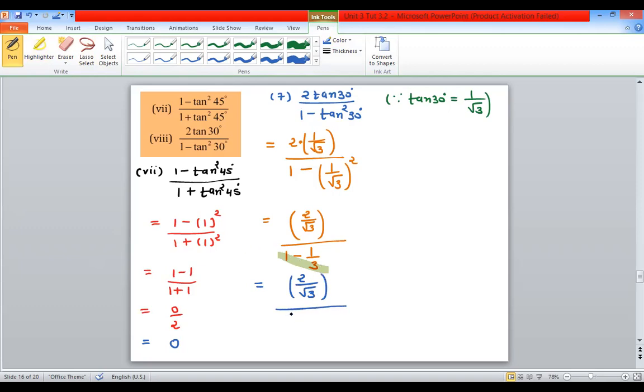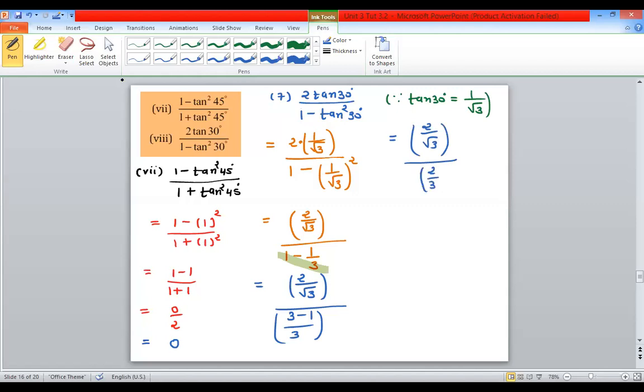After getting the LCM, this is 3 minus 1 by 3, it gives you 2. So it will be 2 upon under root 3, all divided by 2 by 3.